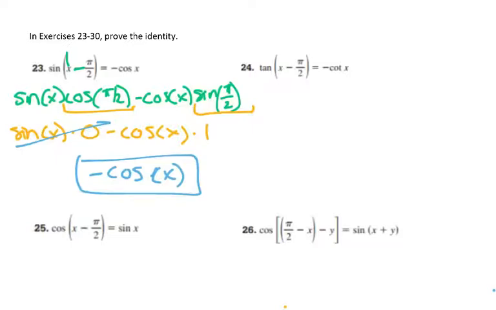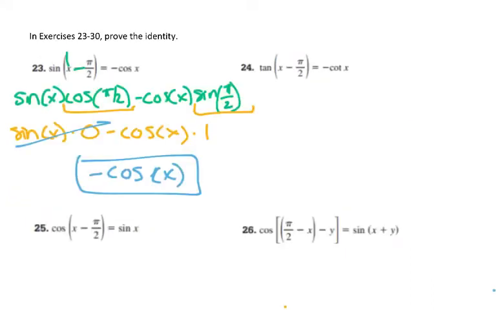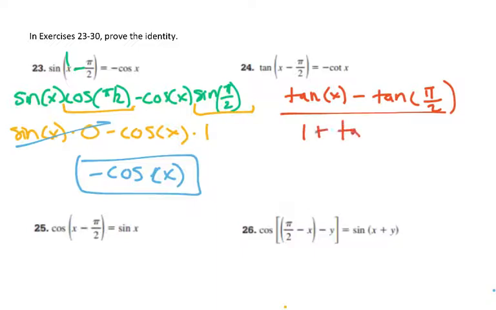Alright, the next one is tangent. So tangent of a subtraction going on. So looking at our formulas, tangent of subtraction means the tangents subtracted on top, and then on bottom, 1 plus the tangents multiplied.